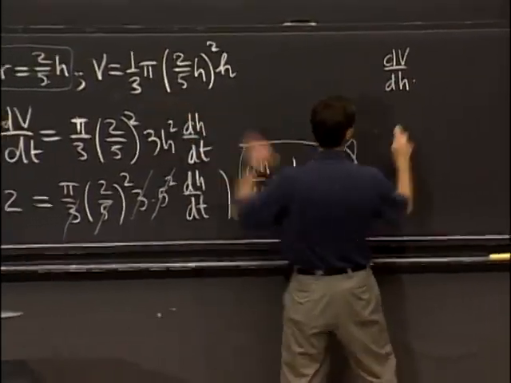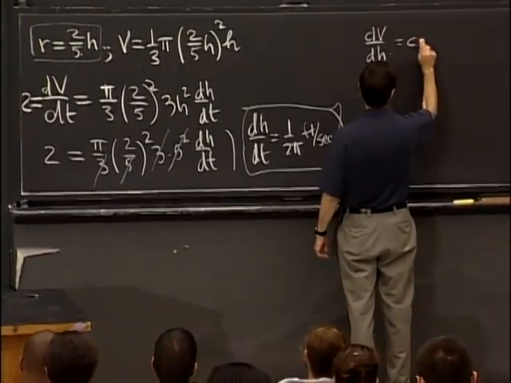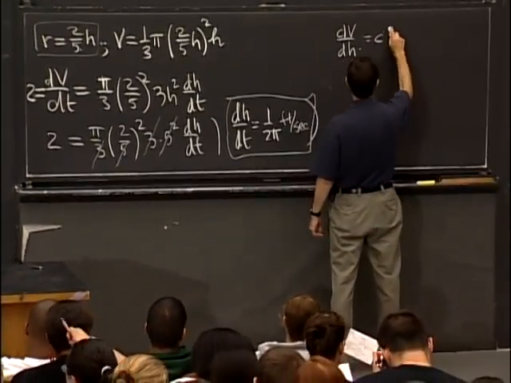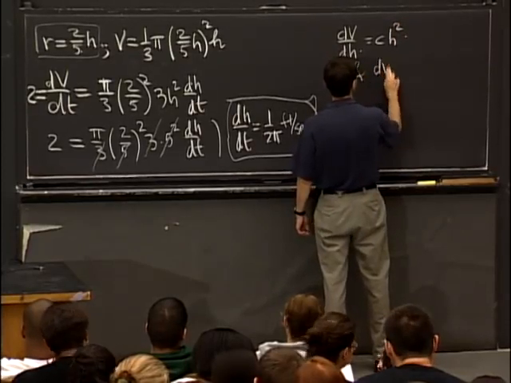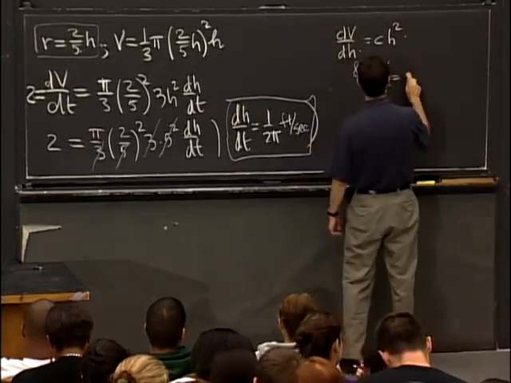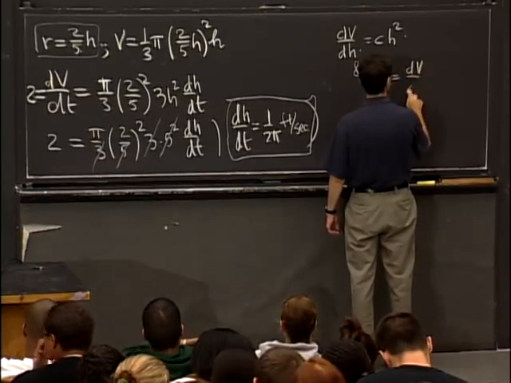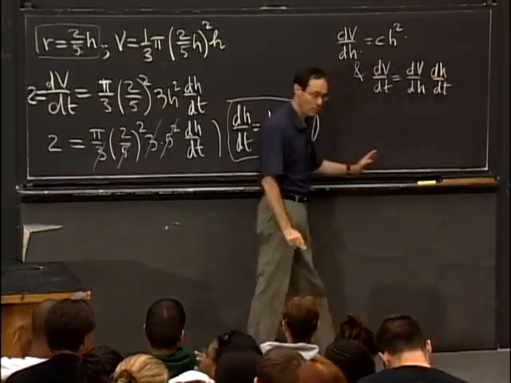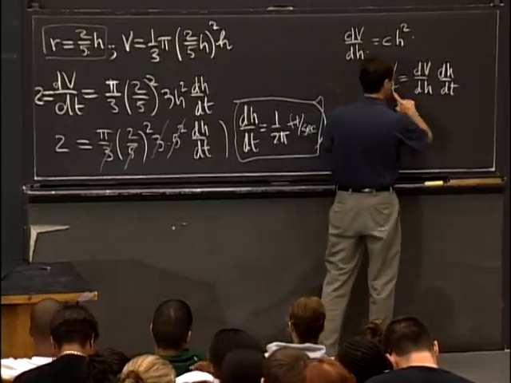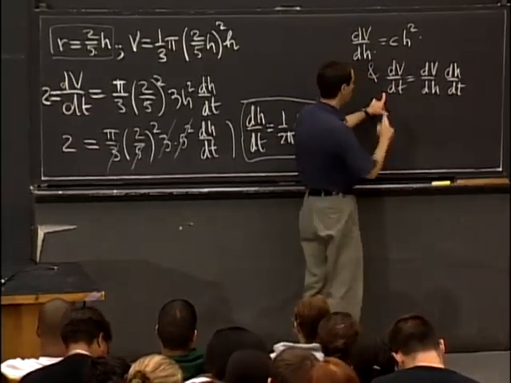So suppose you're here, and work out what this is, which is going to end up being some constant times h squared. And then also use dV dt is equal to dV dh times dh dt, which is the chain rule. And the answer is yes, we can do that.